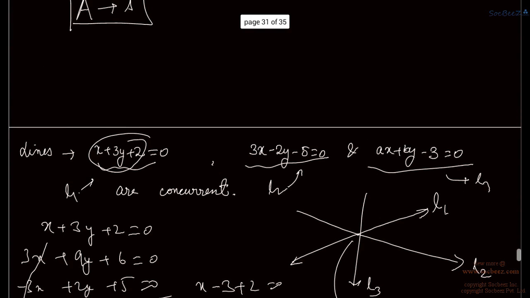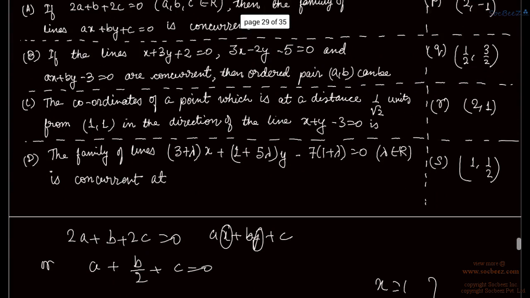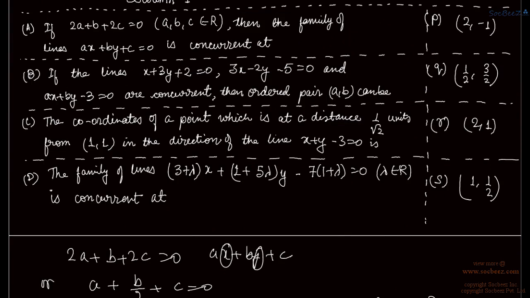So let us move towards the question. The question is, if these three lines are concurrent, then the ordered pair AB can be, that means the possible values of a and b. So AB is such that a minus b is equal to 3. Let us check in which option the pair results in a minus b is equal to 3. In option P, 2 minus 1 is 3. So AB can be 2, minus 1, right? So P is matching.